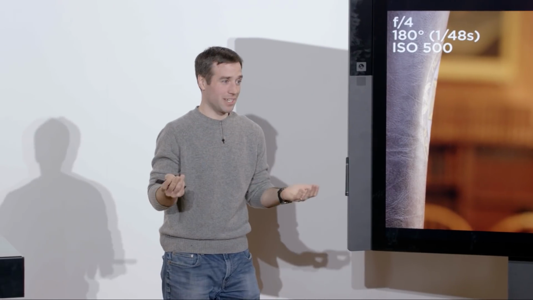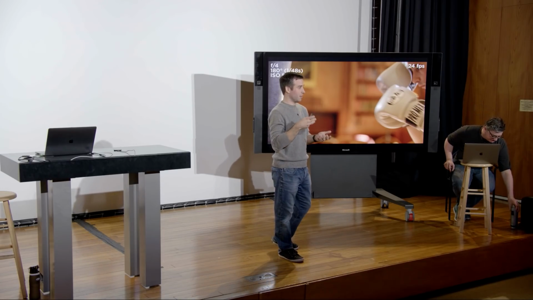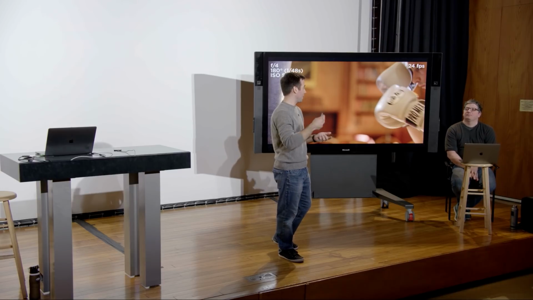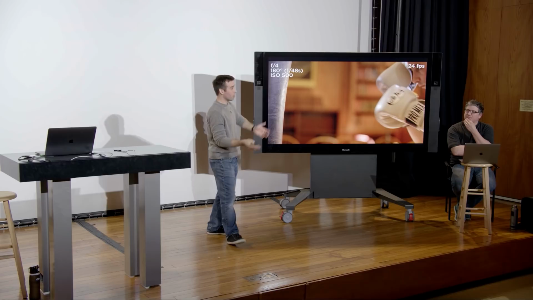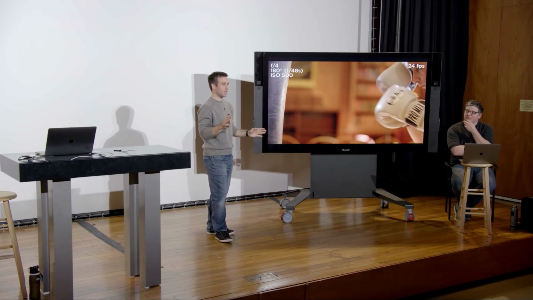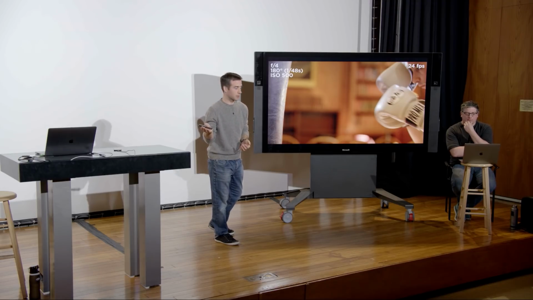So we need to compensate. This is exactly the same thing as when we shot still photography. When we changed the shutter speed, we had to compensate with ISO or aperture. The same thing applies to video. It's just confusing because there are more frames involved, but the same principles apply. If we cut the shutter speed in half, that's one stop of light that we need to compensate for somewhere else.